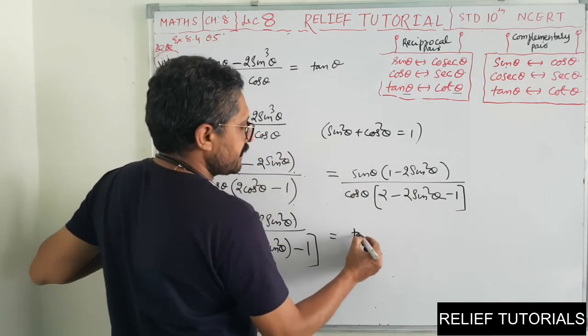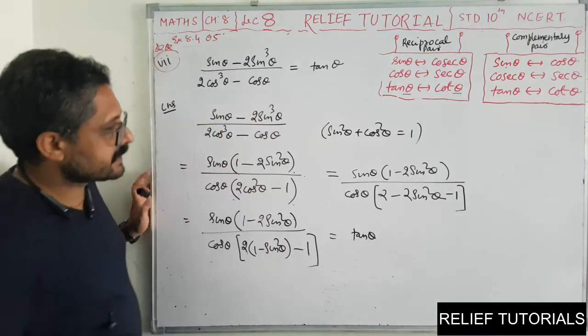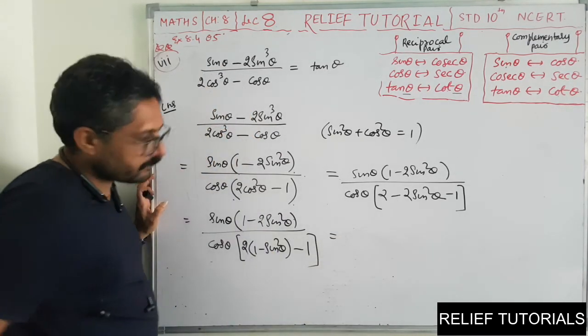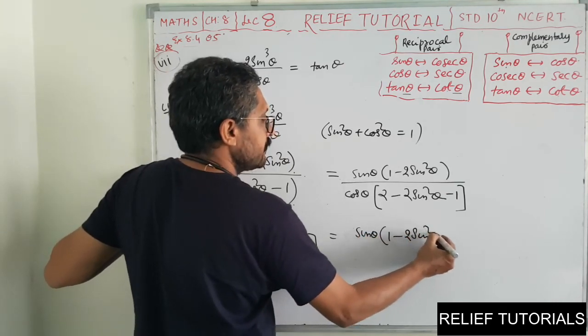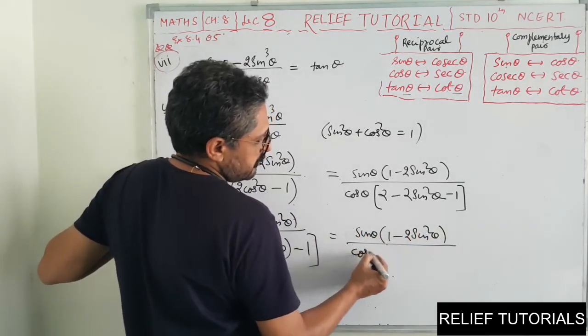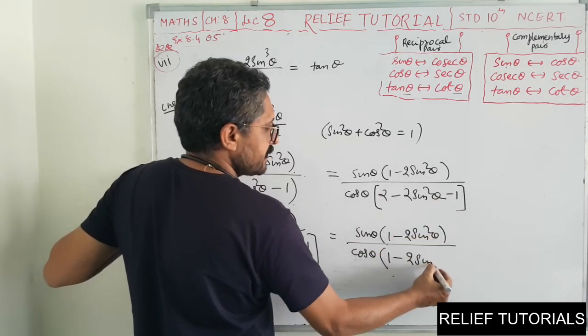Sin theta upon cos theta I will write now as tan theta. Okay, clear? Or at last we will see. This is 2 minus 1, 1 minus 2 sin square.